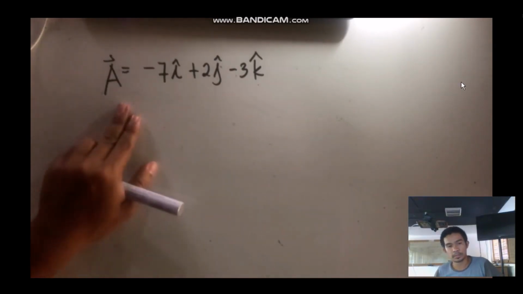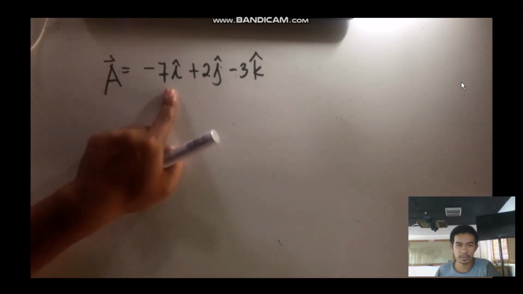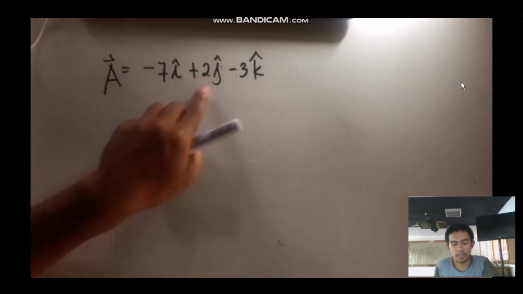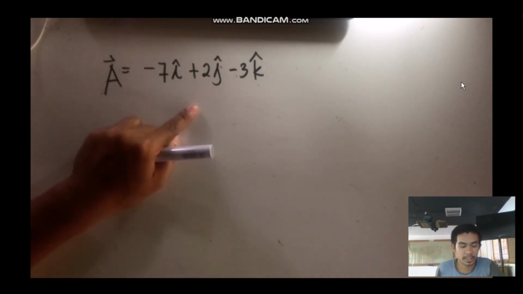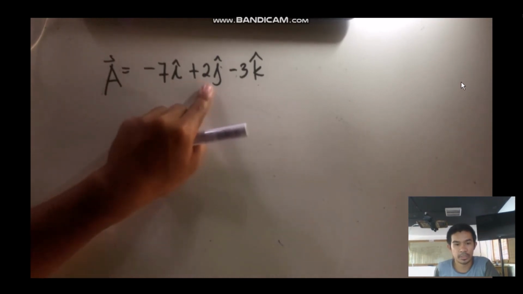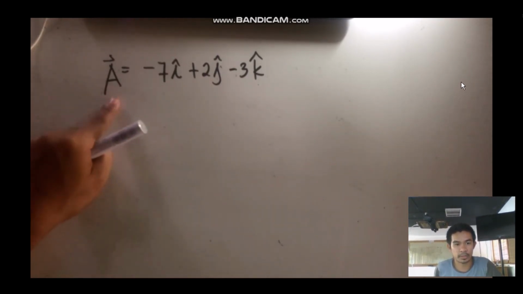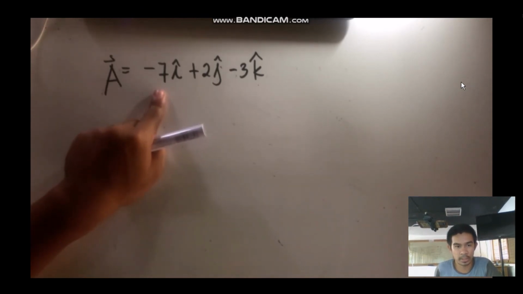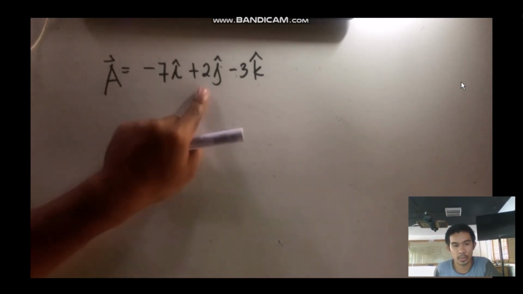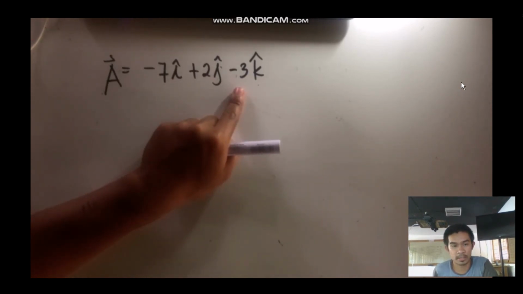Another example, a vector that is expressed in terms of components with unit vectors. You have vector A equals negative 7i hat plus 2j hat minus 3k hat. So this vector A has an x component of negative 7 units, the y component is 2 units, and the z component is negative 3 units.